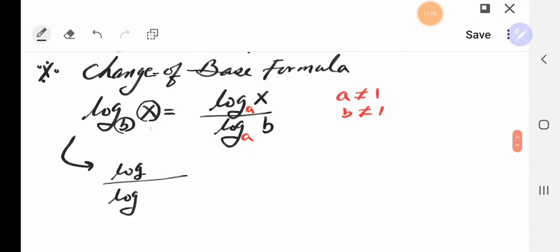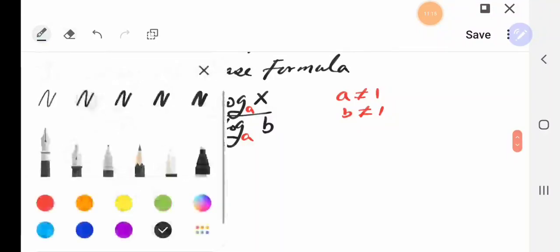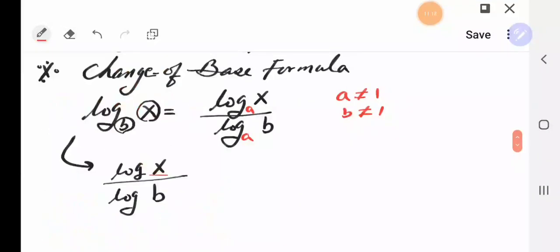So the x goes to the numerator, and this base b goes to the denominator. And the base of this logarithm can be any positive number a that is not equal to 1. So this is change of base. Move this x to the numerator, move the base to the denominator.